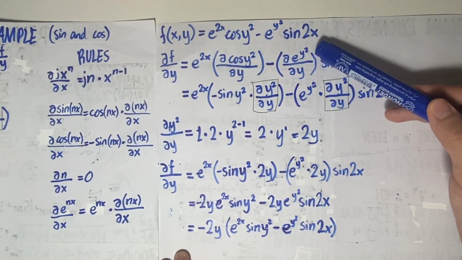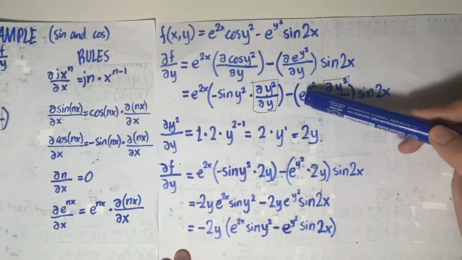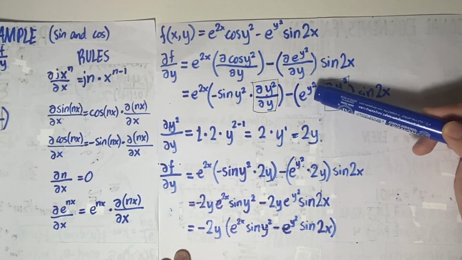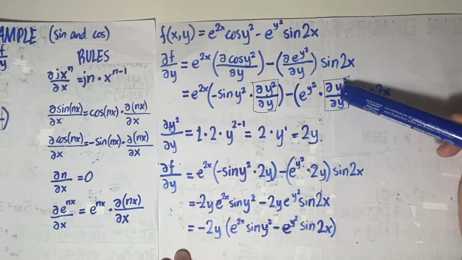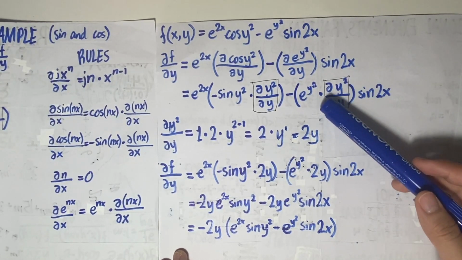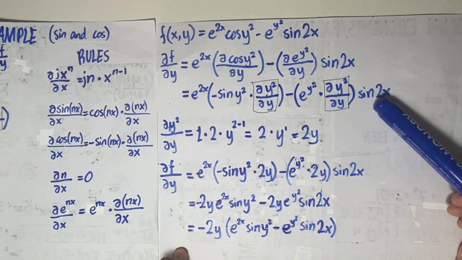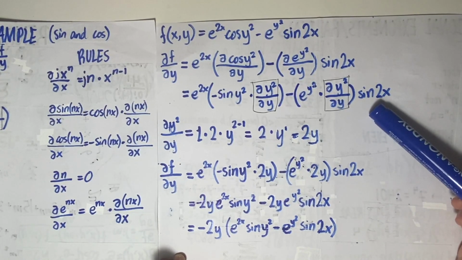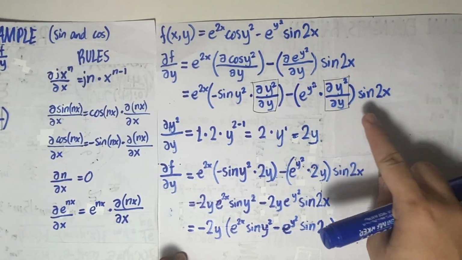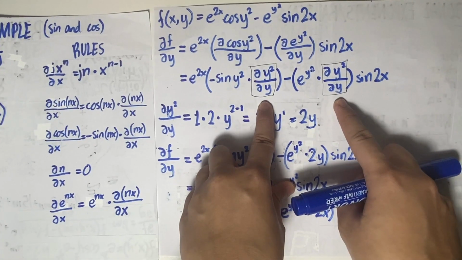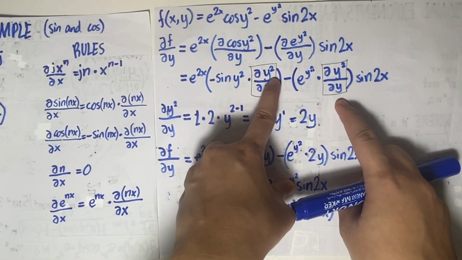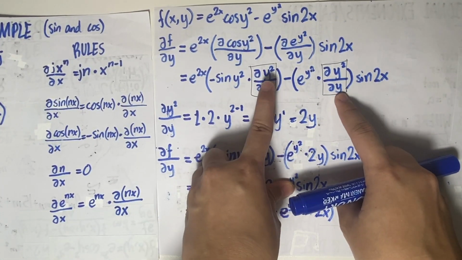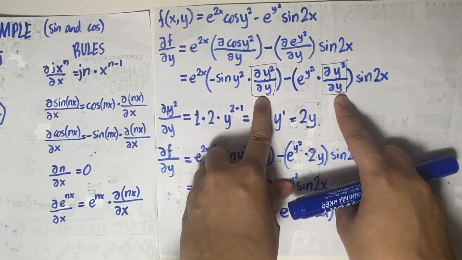So the derivative is e to the power of y to the power of 2 times the derivative of y to the power of 2. Okay, and that is multiplied by sine 2x, which is simply treated as a constant. Okay, and we can see in these boxes drawn over here that the derivative of y squared is in both of these brackets.